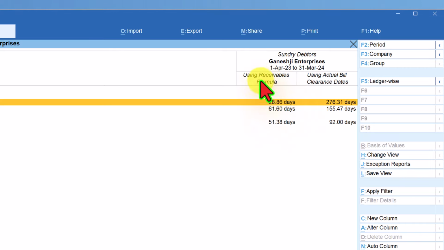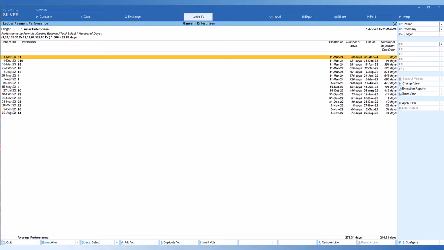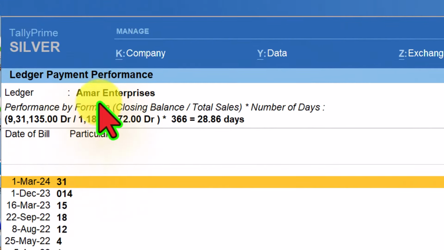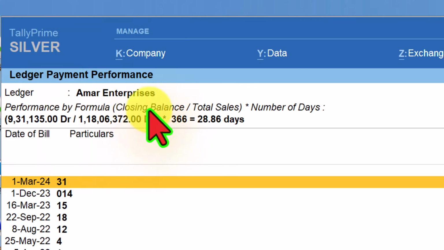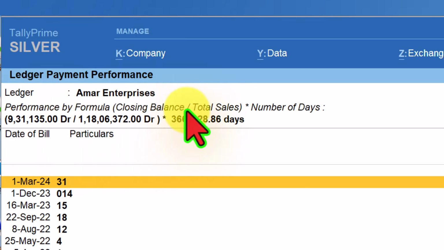So what is this receivable formula? If you select this for Amar Enterprises, the receivable formula is calculated like this: closing balance of the party outstanding divided by total sale into number of days. The number of days here is for the entire year.